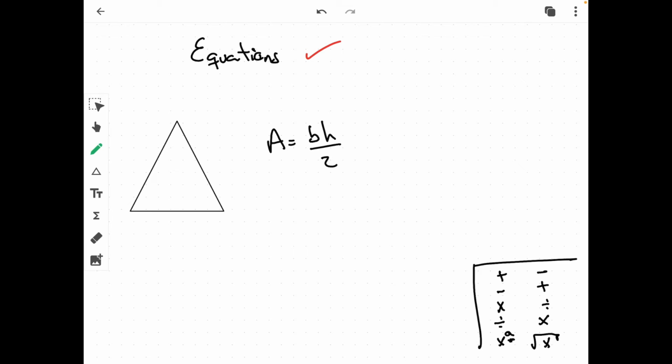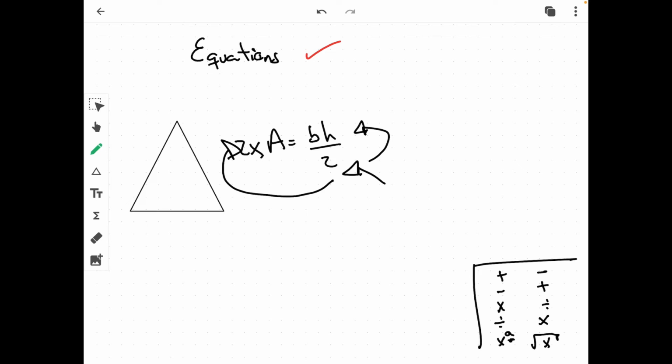With that in mind, we are wondering how to leave the h alone, so we need to take out the 2 and we need to take out the b. Remember, the 2 that is involved in this equation is dividing the b and the h. So we can take it to the other side, but as a multiplication.